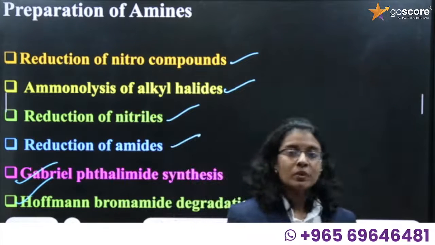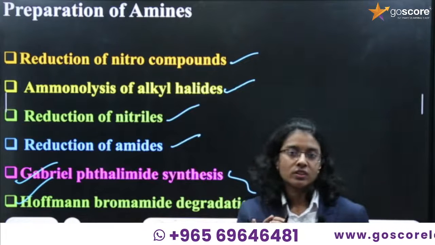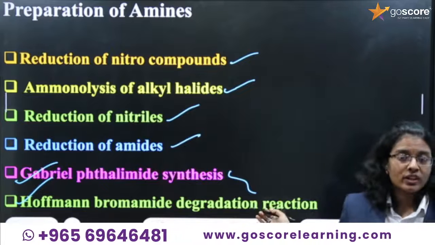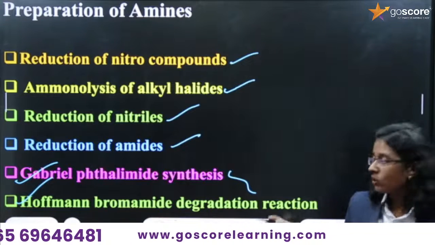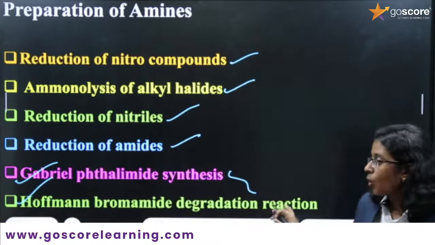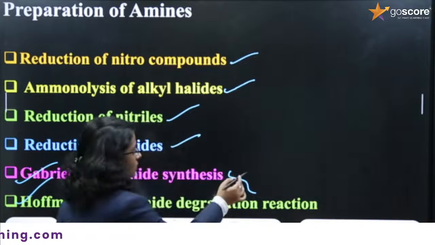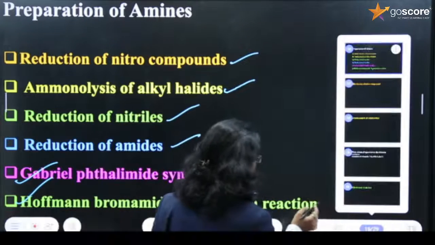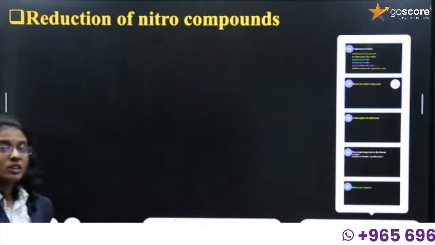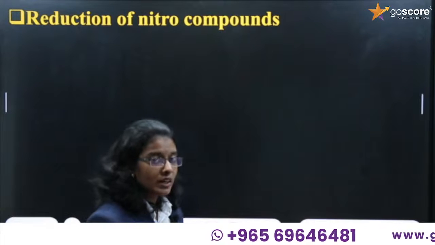When you check the question paper, you can see that in every exam they will be asked, not only for the board exam, they ask in NEET, JEE, all exams. So study the Gabriel phthalimide synthesis and Hofmann bromamide degradation reaction. All reactions are important, but you have to give focus on these two.